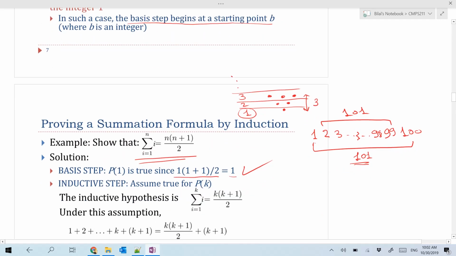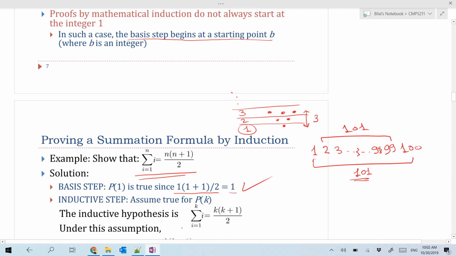So to proceed by induction, we assume that this property is true up until k, okay? Any k. And we want to check whether this implies that necessarily the summation of all the integers up to the next integer, which is k plus 1, is equal to k plus 1 times k plus 2 over 2.